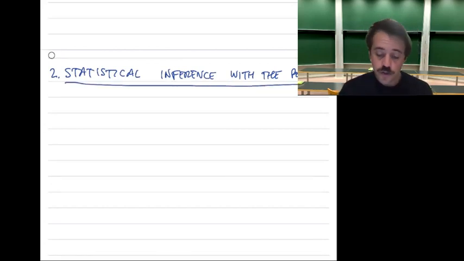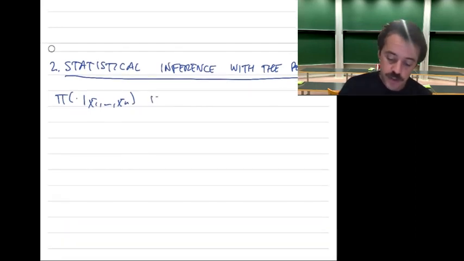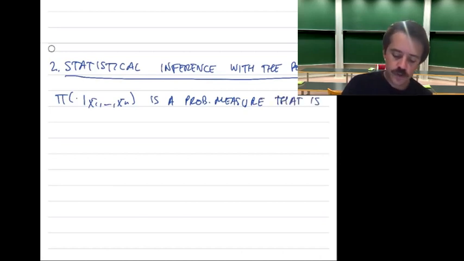Okay, so let's recall from our discussions last time that the posterior distribution is a probability measure, of course, with the peculiarity that it is random. It is random through the data.